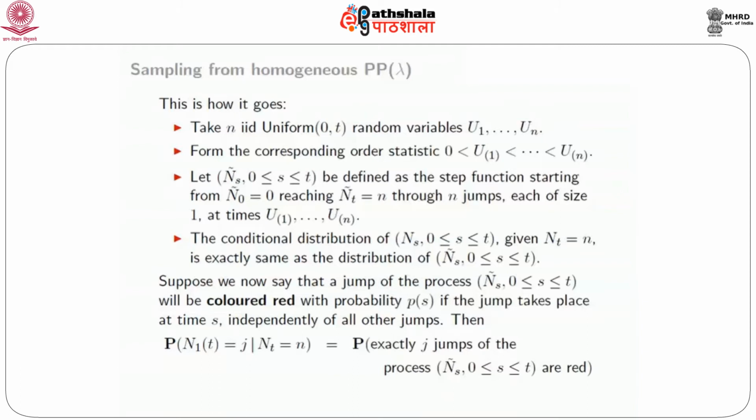So that conditional probability would be exactly the probability that there are j jumps of the process N tilde, constructed by us, which have been colored red.